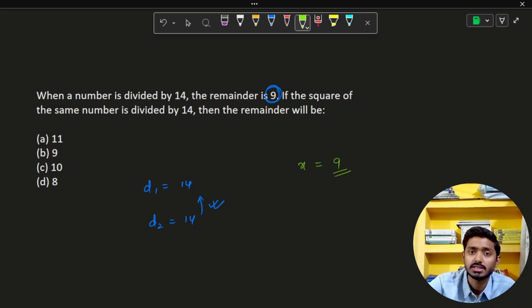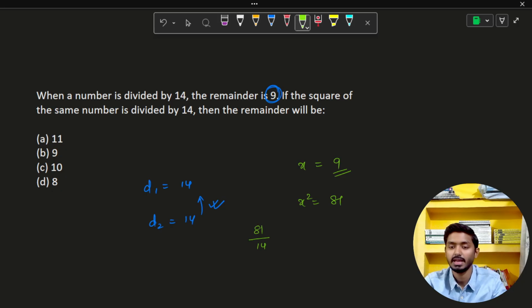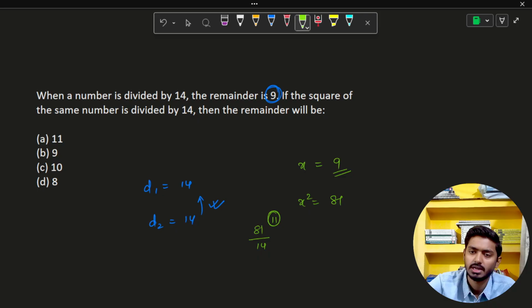We'll square the number, that is 81, and now 81 is divided by 14. If we cancel this, we'll get 70 and the remainder would be 11. So option A is the correct option.